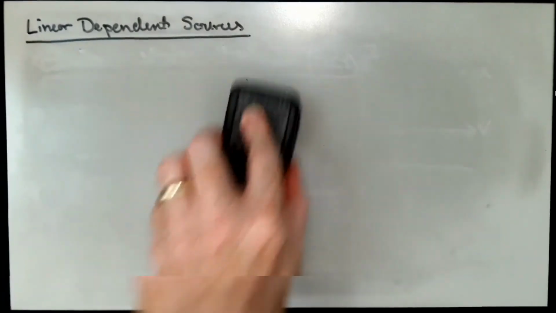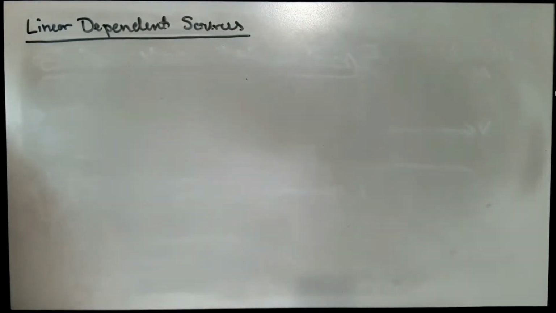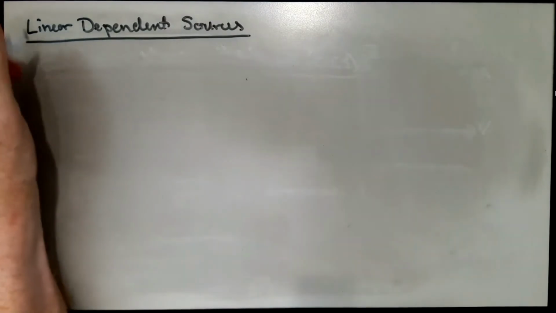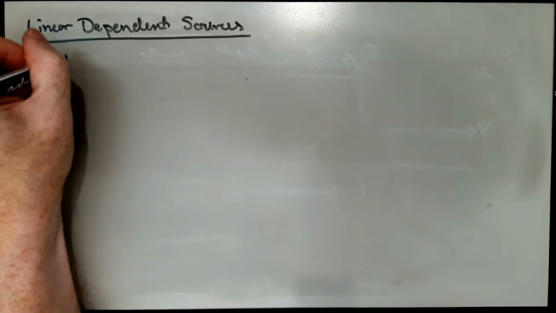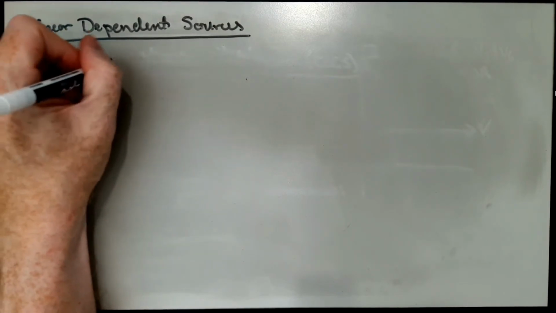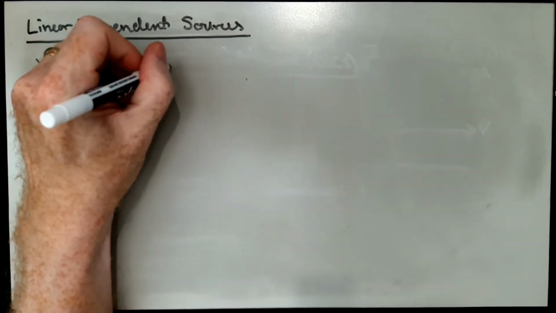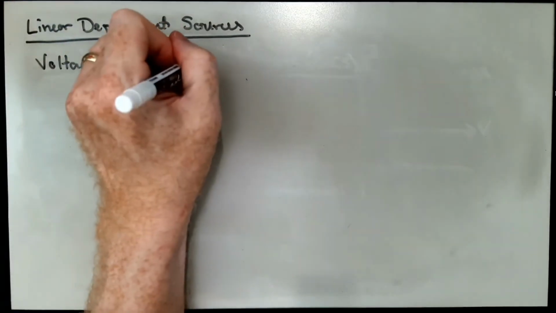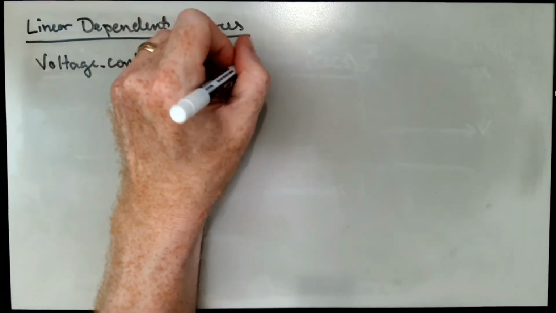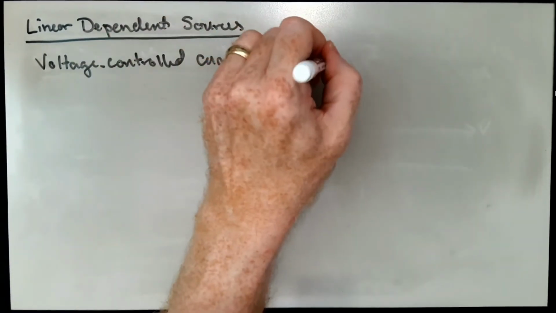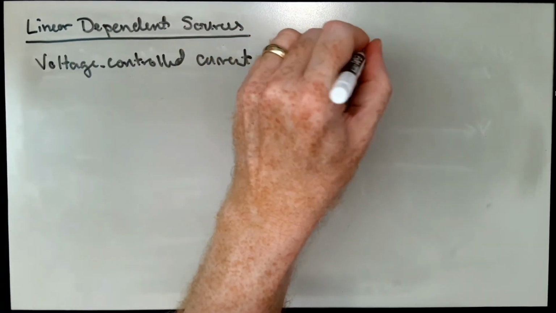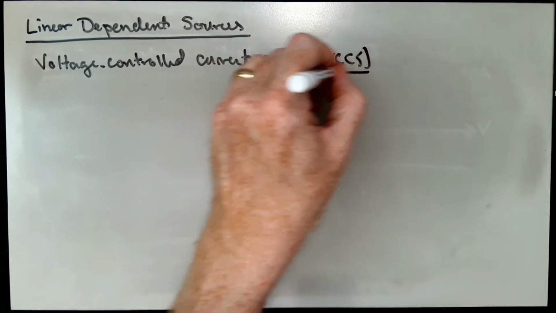The other two are a little bit more strange. Okay, we can have a voltage-controlled current source. Voltage-controlled current source, VCCS.